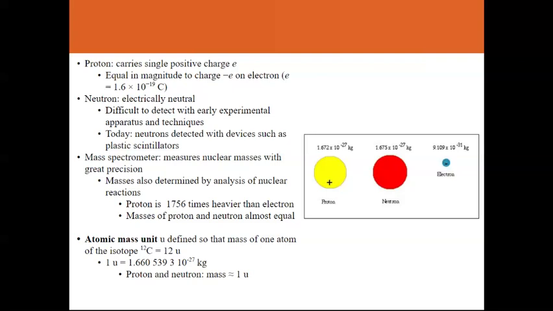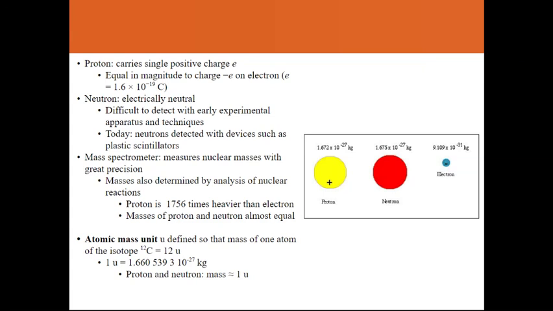As for the basic properties of the proton, its charge is that of an electron but positive. It's massive though compared to the electron. It's about 1700 times heavier than the electron. Its mass is shown here on the right. And the neutron, its mass is very similar to the proton's.